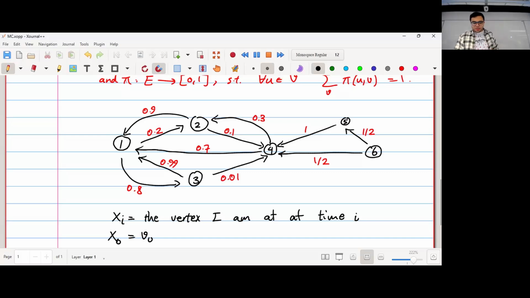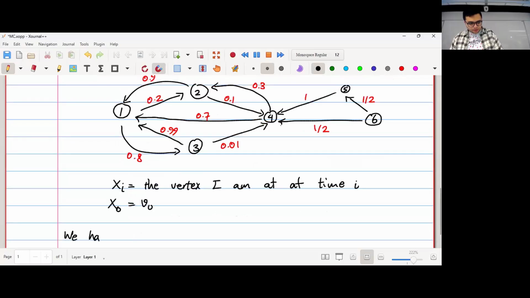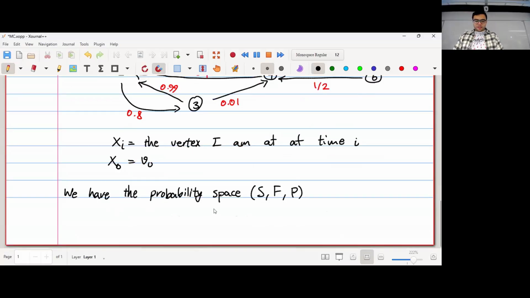So this is what we have, the probability space. Let's call it S, and then I have a set F of events, and then I have a probability function P, right?